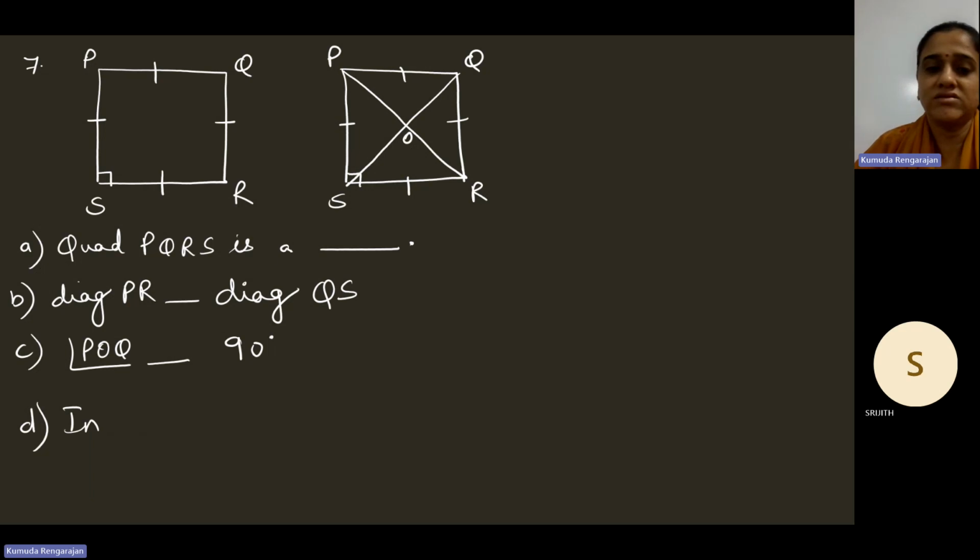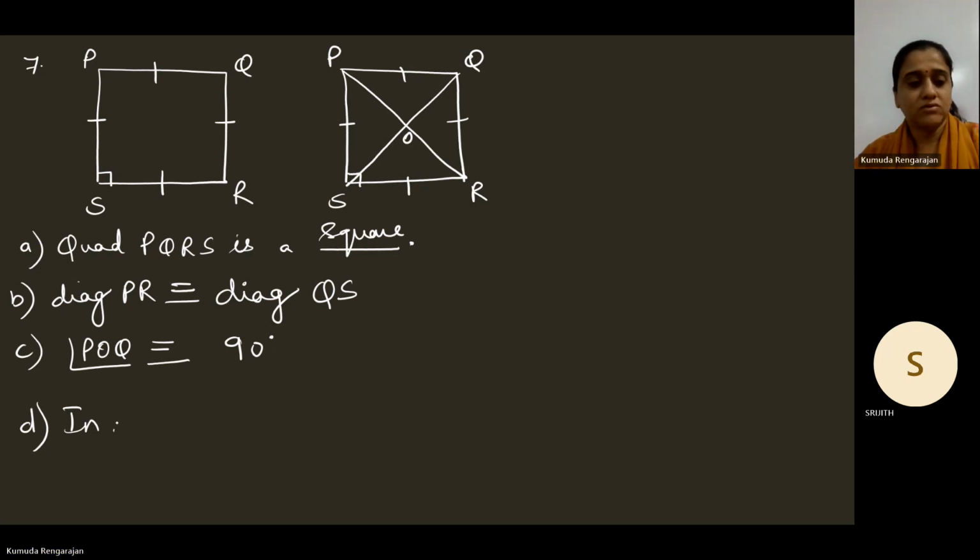Yes, so PQRS is a square. Diagonal PR. In a square, the diagonals are perpendicular to each other. So in right triangle, that's why I didn't write the next one. If I write right triangle, then you can make out it's 90.